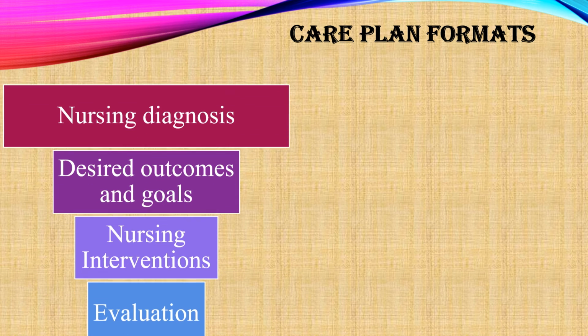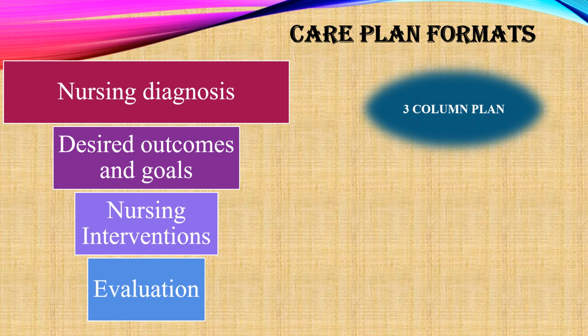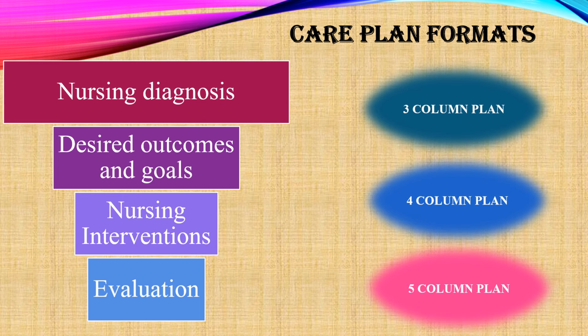Nursing care plan follows specific care plan formats. Usually, the nursing care plan formats are categorized or organized into four columns: nursing diagnosis, desired outcomes and goals, nursing interventions, and evaluation. Some agencies use a three-column plan, whereas some use four-column plan, and the rest may use five-column plan.